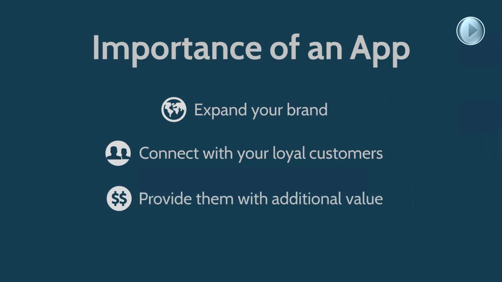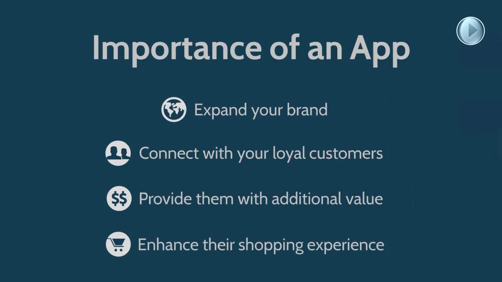So special offers that you're able to provide for your customers just through Bright Isle, and also enhance their shopping experience. It does a lot more than just give you an avenue for providing offers, but it also gives you a way to provide them with videos, tutorials, extra services that your store might offer, and a lot more than just coupons.